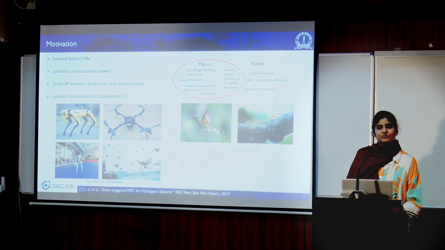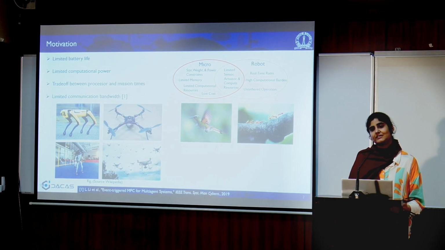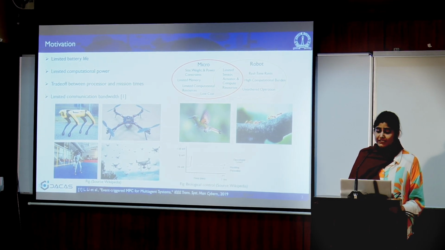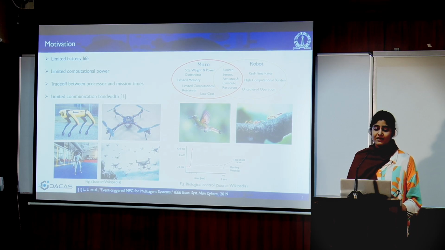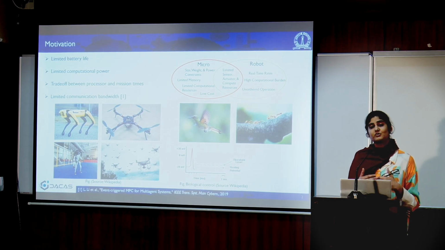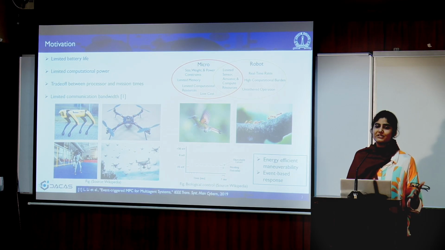So we can get inspiration from nature and try to add it to our control architectures. In addition, a biological neuron doesn't react to every stimulus given to it. Rather, it only reacts when the stimulus goes beyond a certain threshold. This inspires our work, which is based on event-triggered control.